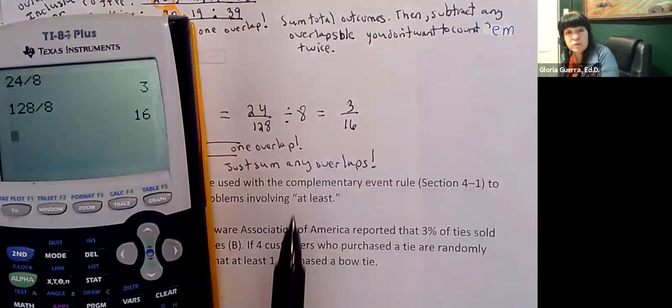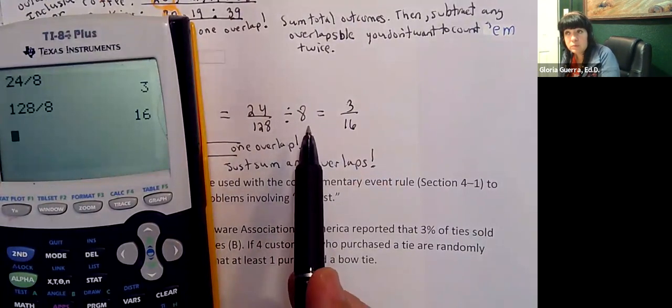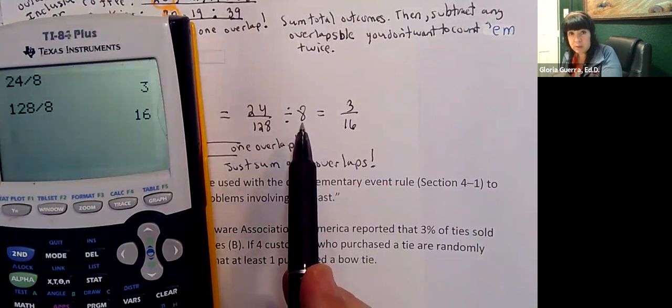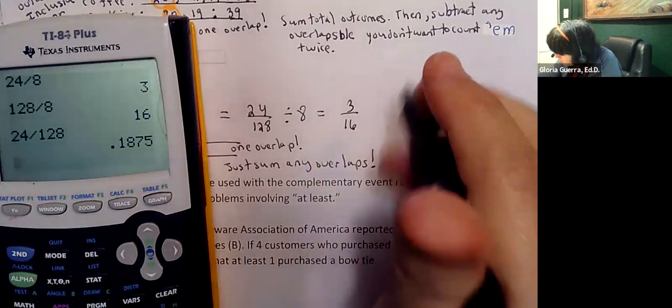This can also be reduced by 2 several times. 2 times 2 is 4 times 2 is 8. It actually became reduced by 2 three times. And if I do the math on this, 24 divided by 128 is this decimal. So I guess I can put that decimal here since I have it.